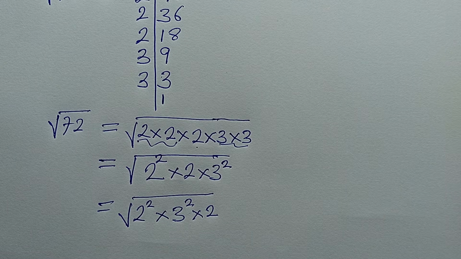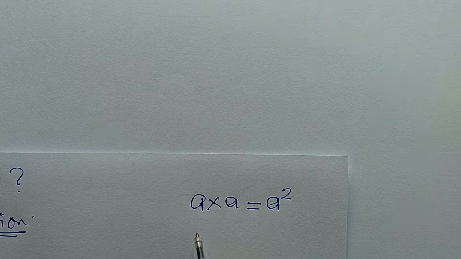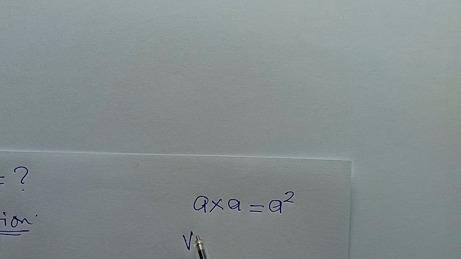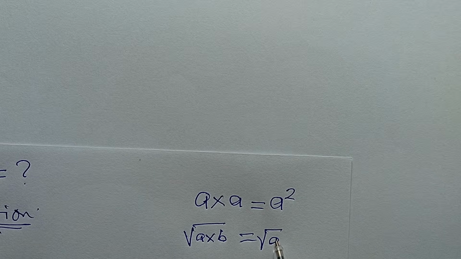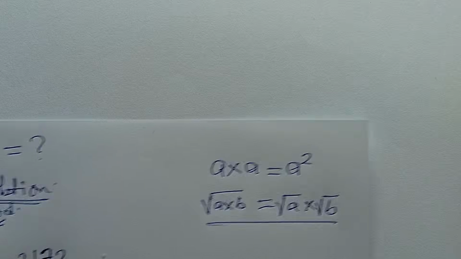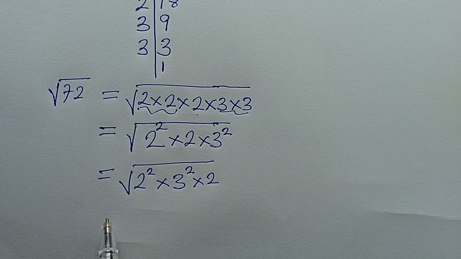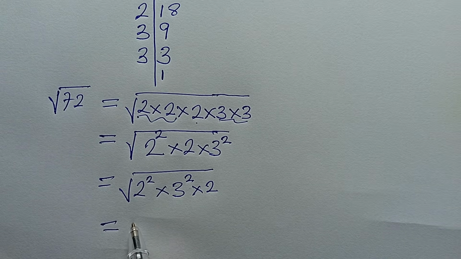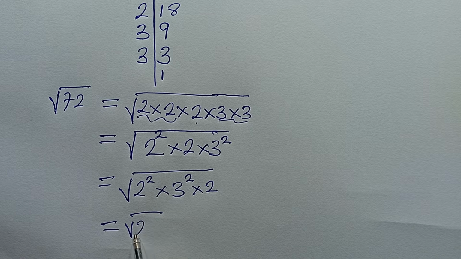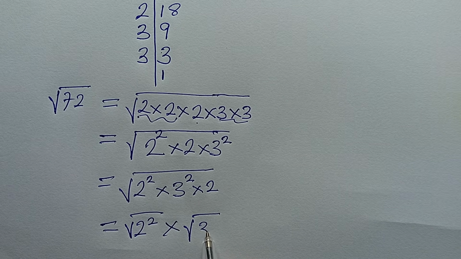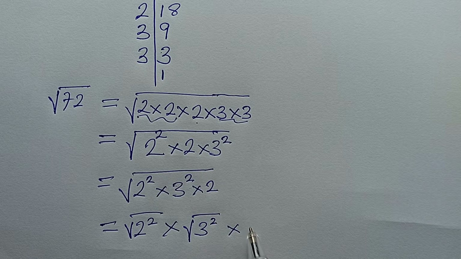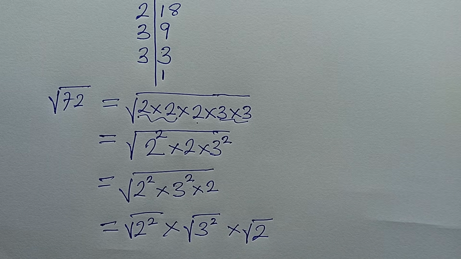Now, according to the law of surds, when you have the square root of a times b, this is the same thing as the square root of a times the square root of b, right? With this, we can rewrite this as the square root of 2 to the power of 2 times the square root of 3 to the power of 2 times the square root of 2.